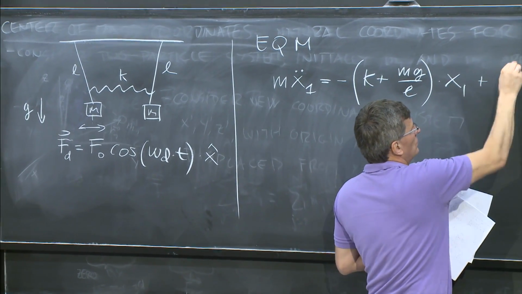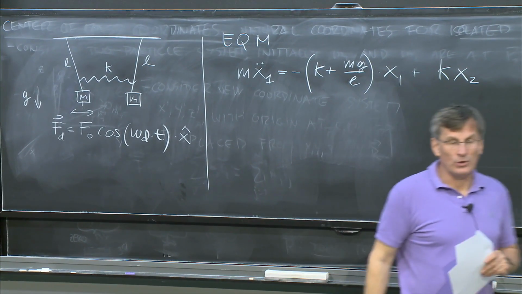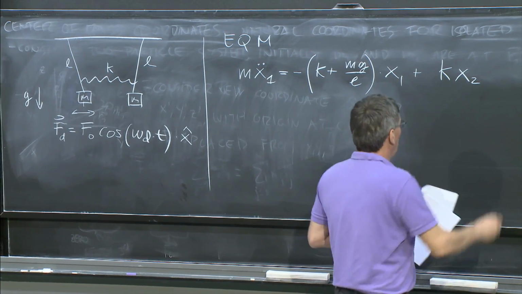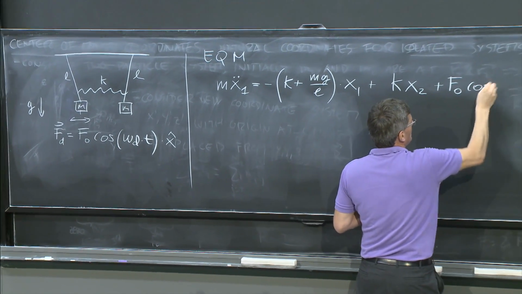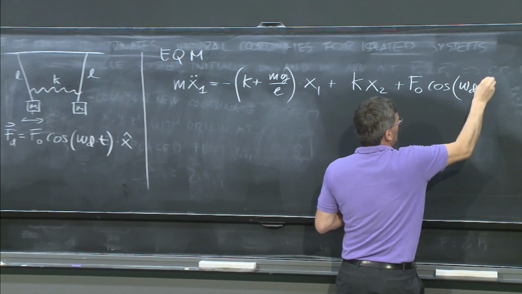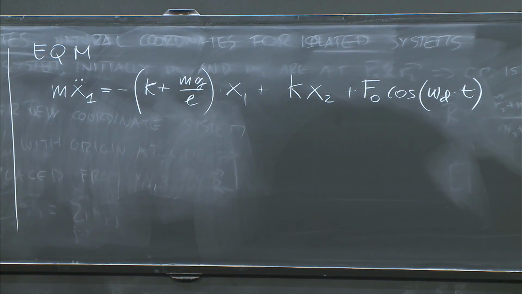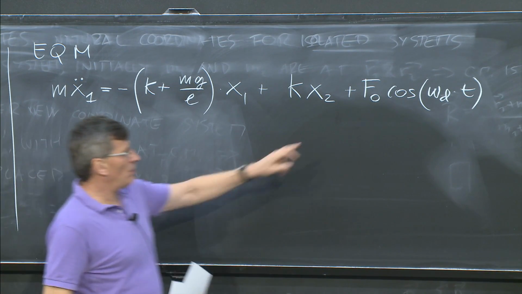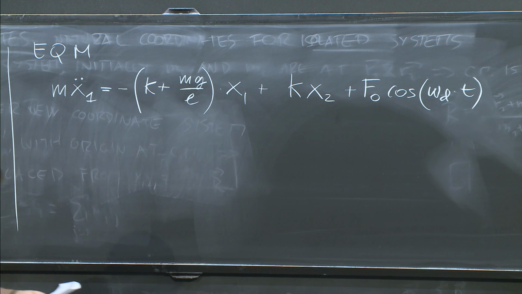There is an influence of the spring, which depends on where mass 2 is. And plus, there is this new driven term, f0 cosine omega d times t, where omega d is fixed, arbitrary, externally given. So both f0 and omega d are decided by somebody outside of the system.